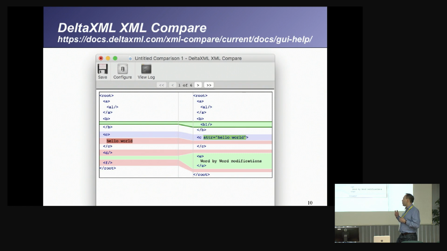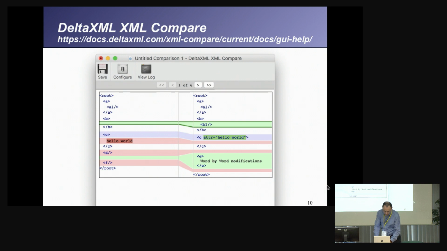I'm going to talk a bit about 2 existing XML tools, DeltaXML XML Compare and Oxygen XML Editor. I'm not a user of either, so I had to go to the public websites. There is no alignment in the same sense that we showed you on the Tagdiff slide.